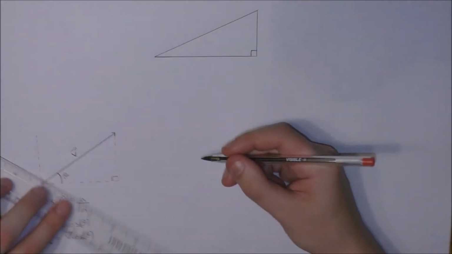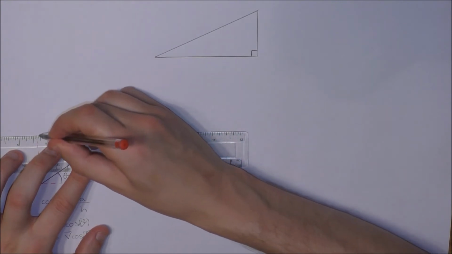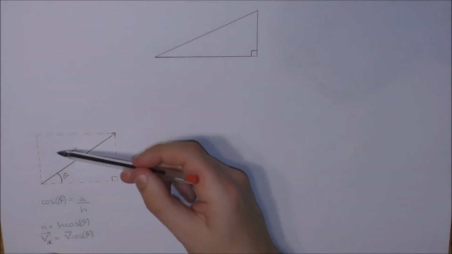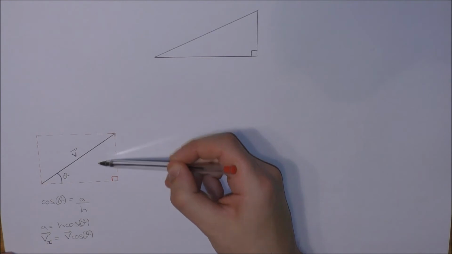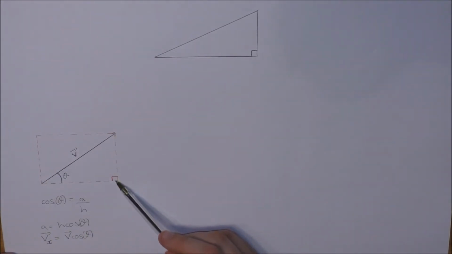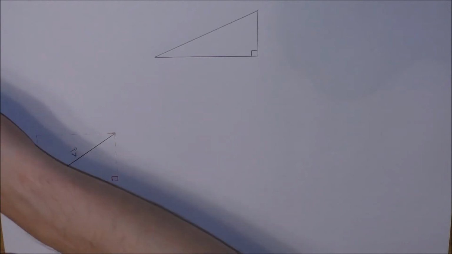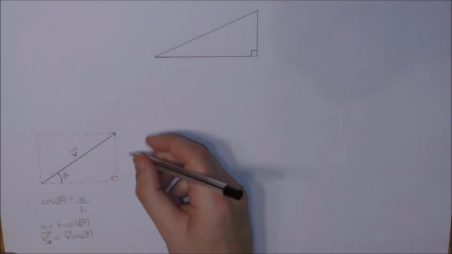Now, it looks a bit funny to do it round this way, but what you need to be able to see is that these two triangles are equivalent, and that this side, this rectangle, is equal to this one. So in the same way that this is adjacent to the angle, this one's opposite it, and we still have the hypotenuse.